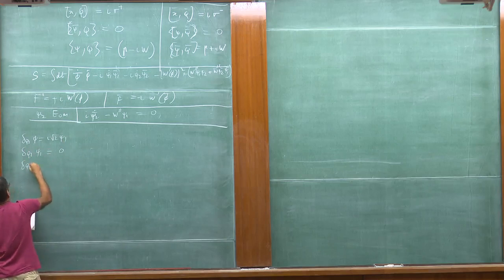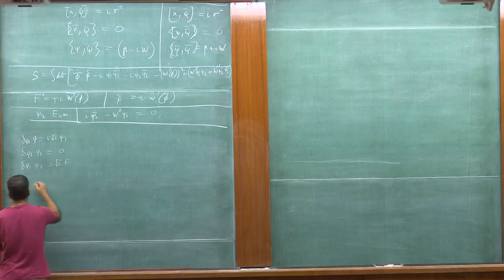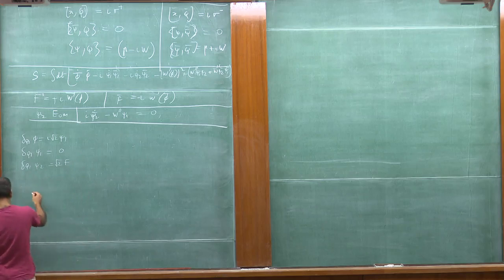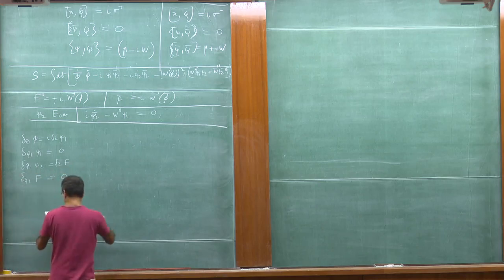Delta Q1 on psi 2 was equal to square root 2 f, where f was all that there, right? F is I w prime bar, and f bar was minus I w prime. And delta Q1 on f was equal to 0. Okay?